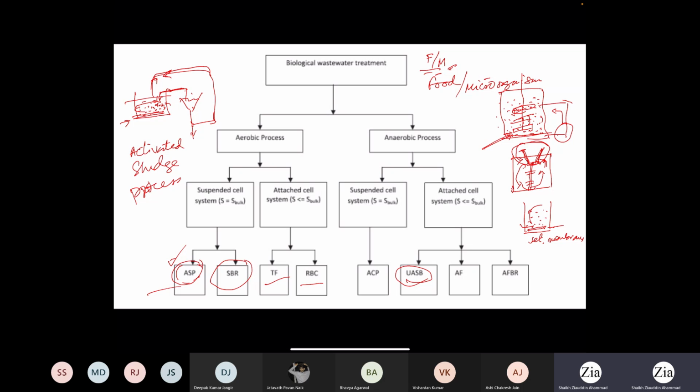Now, a sequential batch reactor is a different configuration where you have multiple batch reactors and you run them sequentially. Configuration-wise, it may not be very different. The only thing is you don't have any recycle line. You have the same aeration line.